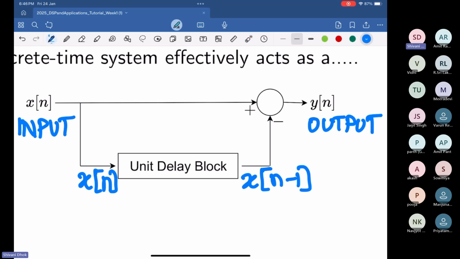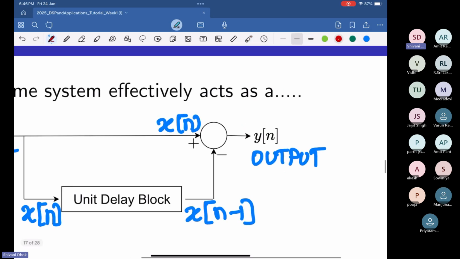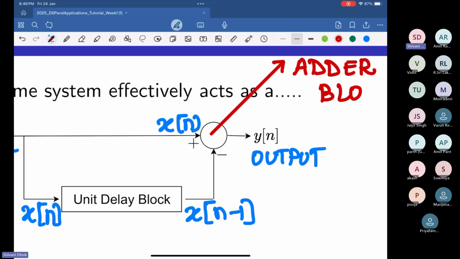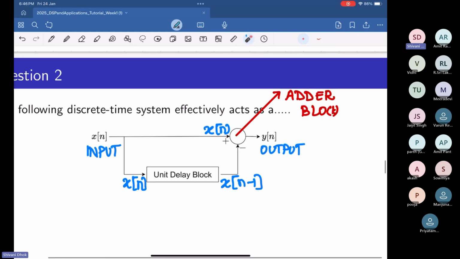Now the input at this end is again x of n. This particular notation here is known as an adder. The sign here means you just need to add plus x of n. And the sign here means you just need to add minus of whatever input is available to this particular branch of this adder.